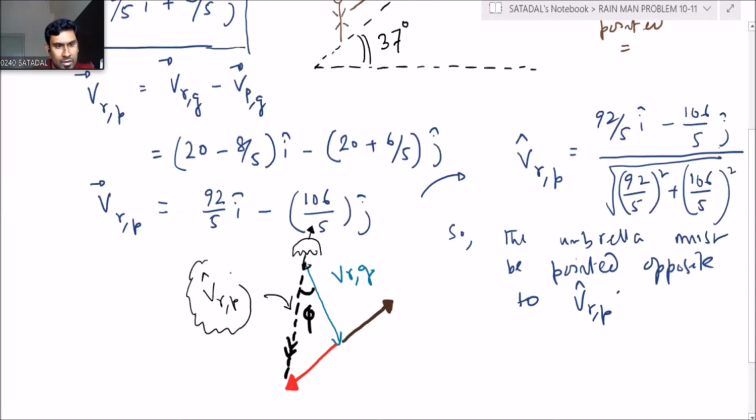Negative of this, so umbrella must be pointed opposite to this. So my answer will be minus VR,P cap. So the answer I can write to be minus 92 by 5 I cap.